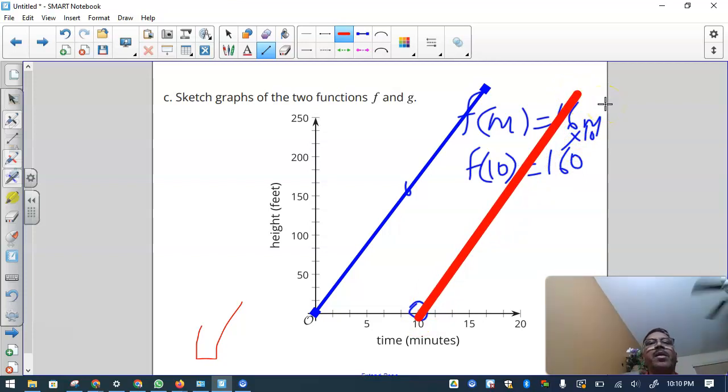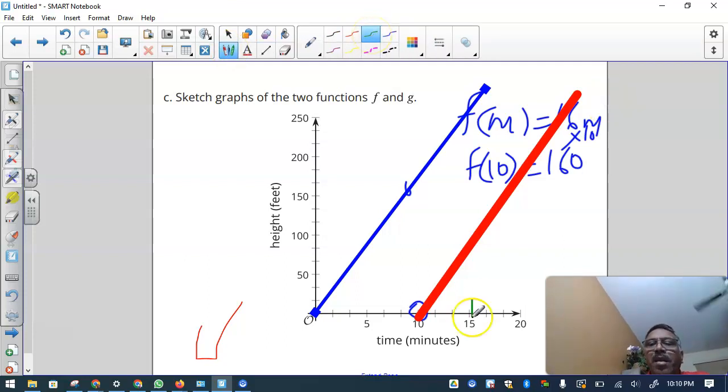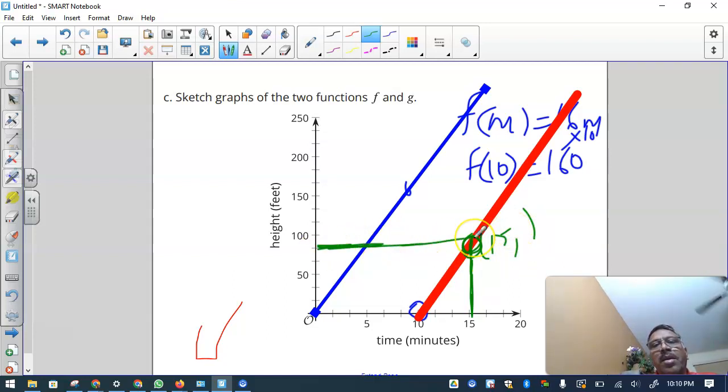So at any point, let's say at 15 minutes, whatever the height is at 15, maybe it looks like between 50 and 100, almost like maybe 80, I don't know. Let's put it at 80.